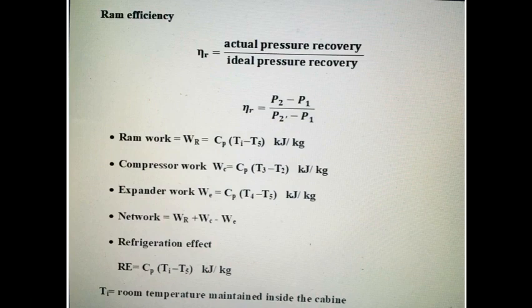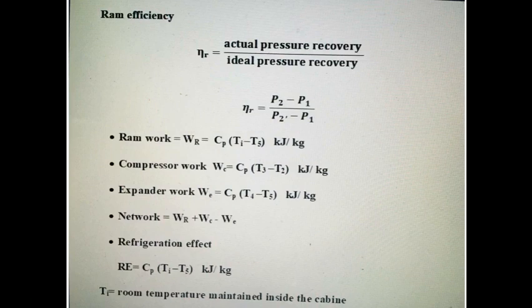Next, the examiner can ask what is the ramming work. So WR equal to Cp, specific heat, multiplied by (Ti, which is the inside cabin temperature, minus T5, which is the temperature after expansion from the turbine), kilojoule per kg.